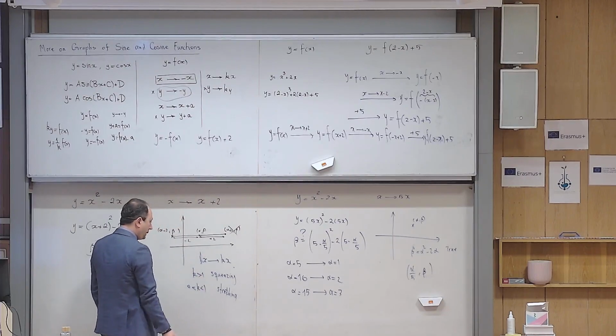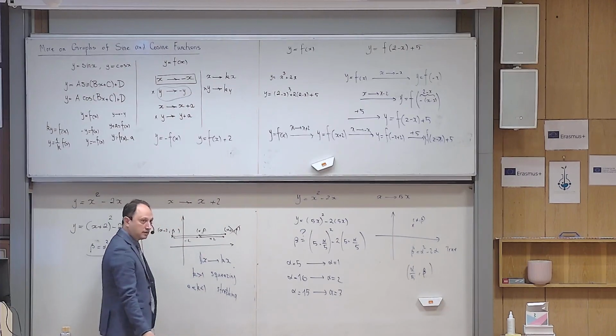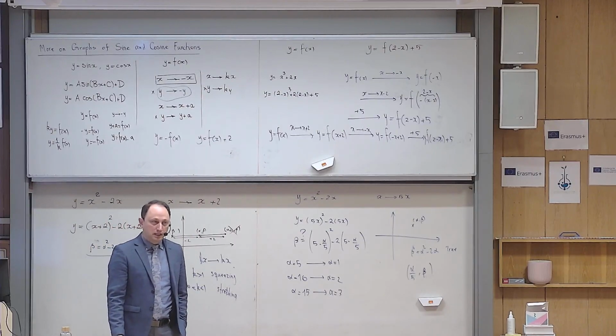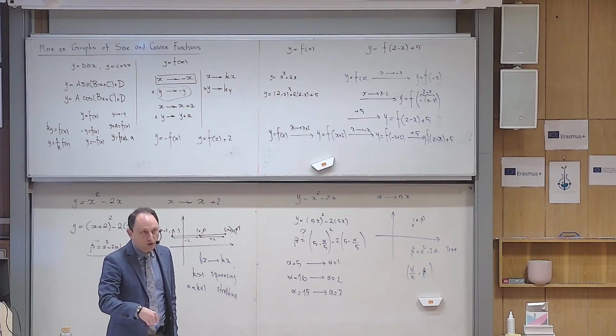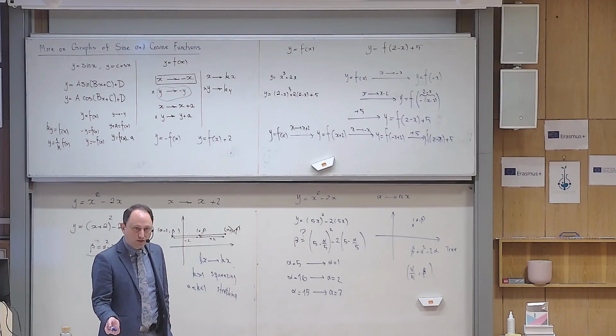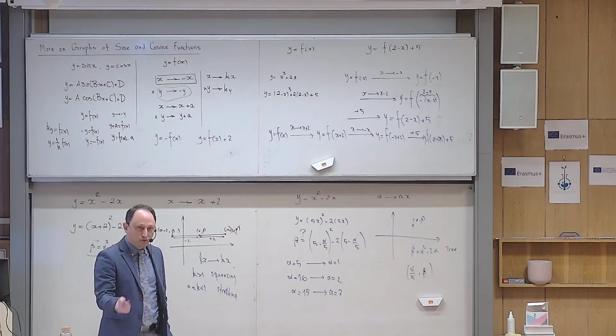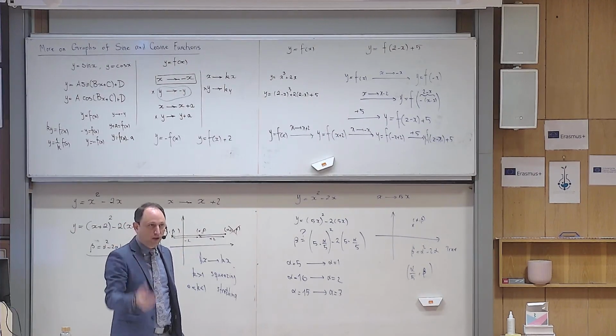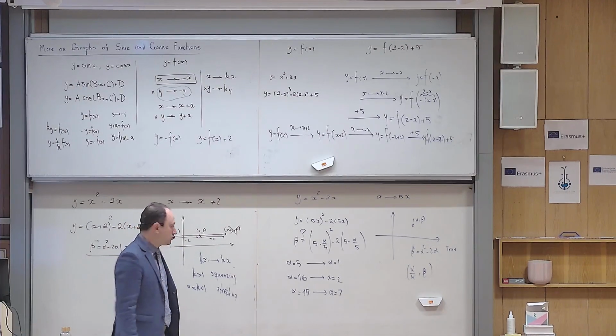For 1, nothing happens. What happens if k is negative? It is not just a squeezing or a stretching. It is a squeezing or stretching combined with reflection. Yes? Reflection with respect to the y-axis, of course. Okay, so you know that.